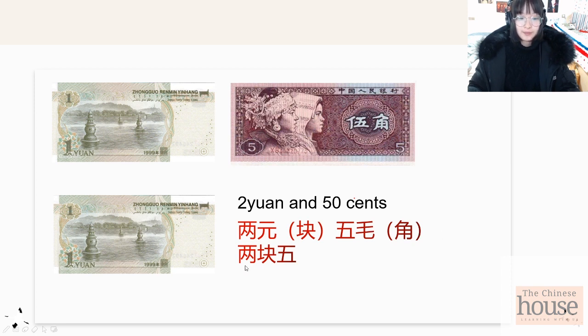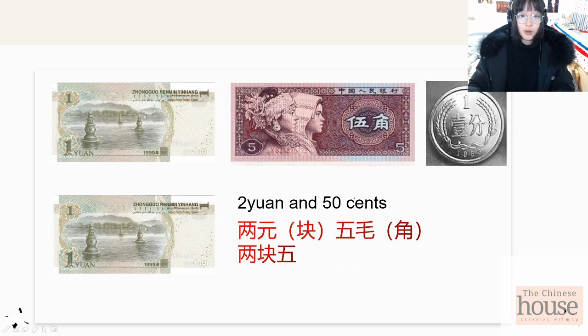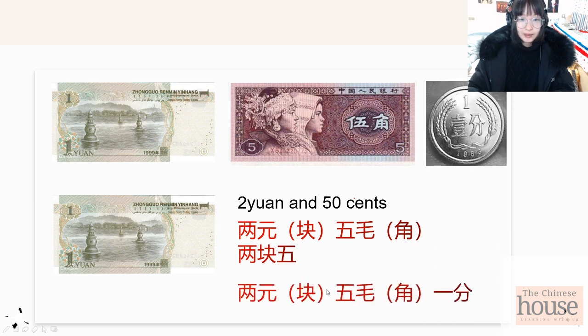And there's another way, 两块五, but don't say 两元五, because 两块五 is a casual, colloquial way to say it. The yuan is much more official. If you use it this way, don't use yuan, use 块. Now we have one more cent. It's 两元五毛一分 or 两块五角一分, 两块五毛一分, both okay.